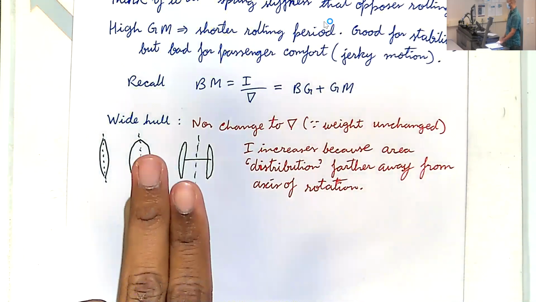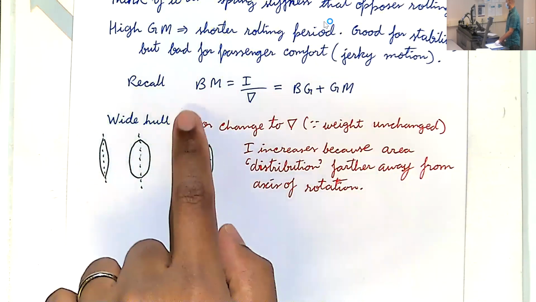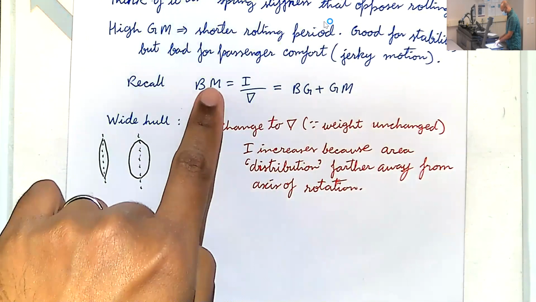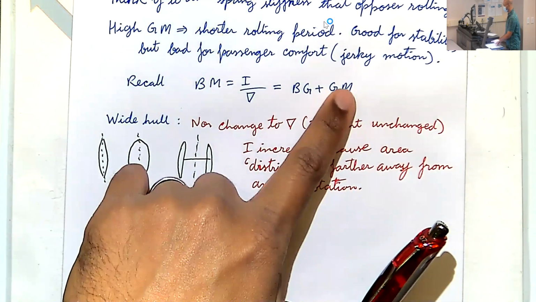Okay, you're just distributing the area farther away from the axis. So I increases. All right. So a wider hull leads to a higher value of BM and consequently a higher value of GM.